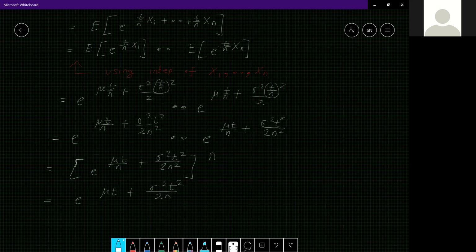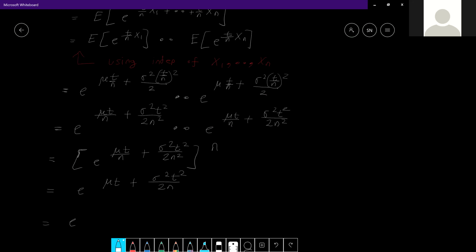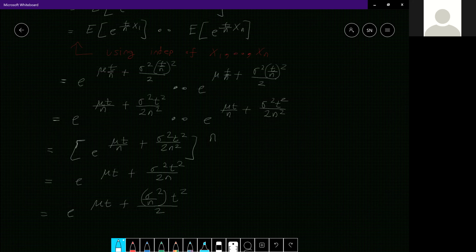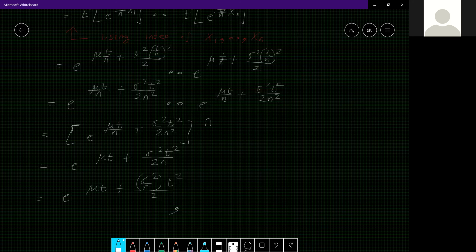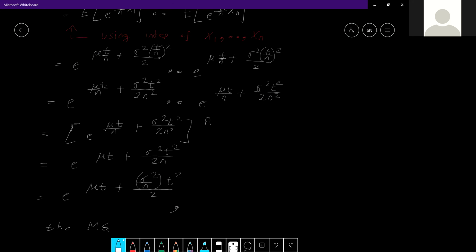What you have here is precisely the moment generating function of a normal variable with parameters mu and sigma squared over n.